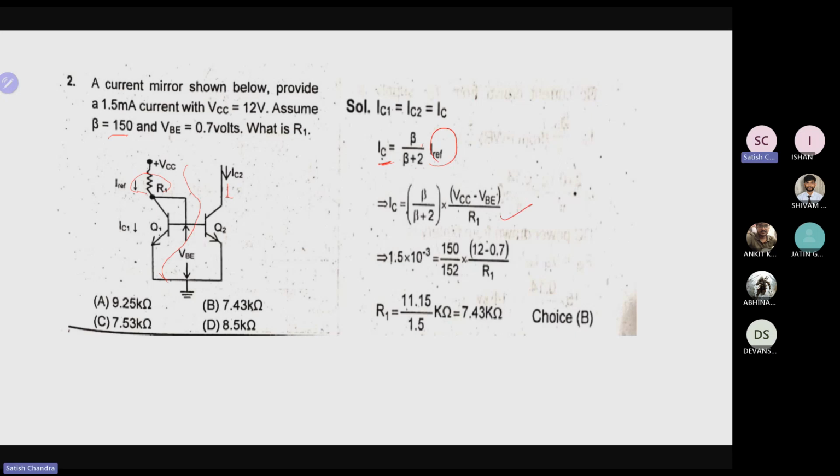If we do so, we already know the current. This is saying that it is providing 1.5 milliampere. It means we already know that current, that is nothing but IC2. So IC2 is already given, and if we evaluate this, on the basis of that we'll get a value of R1.